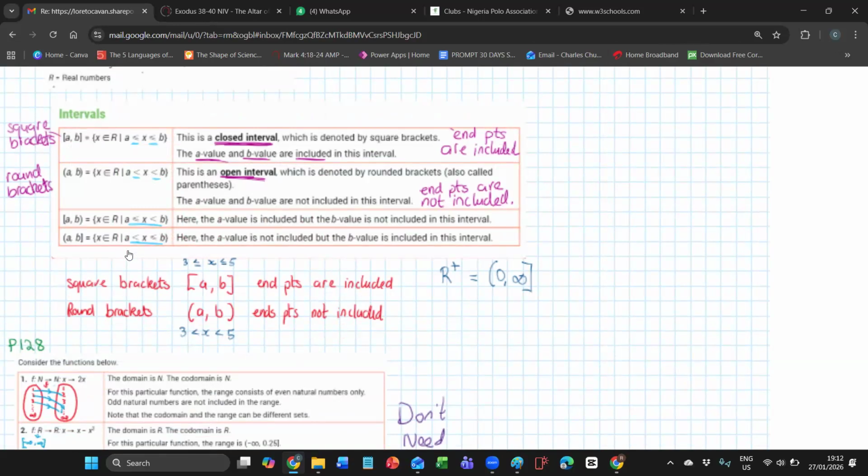Okay. Intervals. When we have a closed interval, it is denoted by what? Square brackets. And the a value and b value are included in this interval. So this one is quite straightforward.